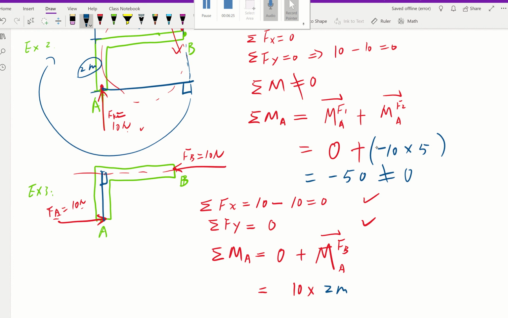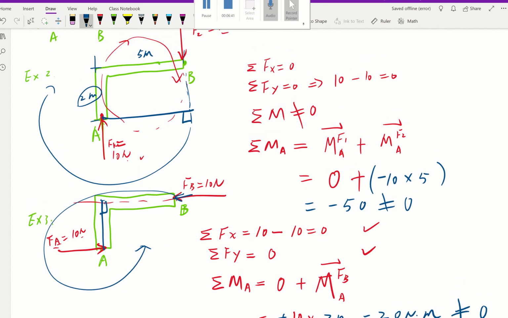We just need to think about the direction. FB about A is counterclockwise, so it's positive. That gives us 20 Newton meters. That does not equal 0 either. So let's look at examples 2 and 3.